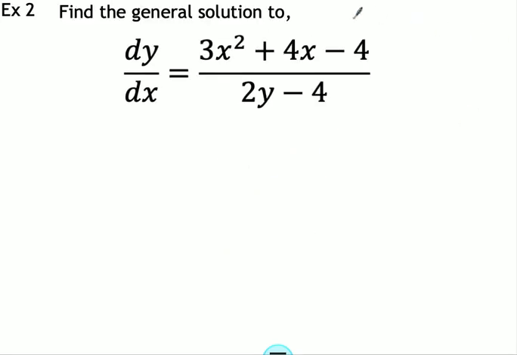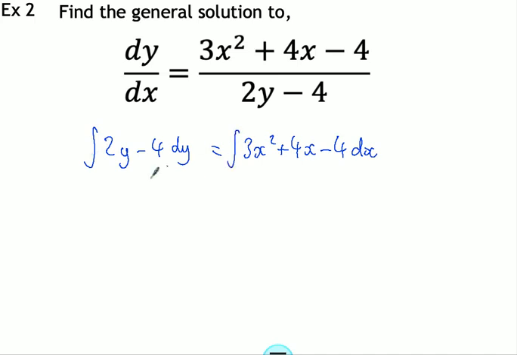Okay, so second example looks a little bit more complicated. It's really, really not. Let's separate the variables. Done. Integrate both sides. So when I integrate this side, I get y squared subtract 4y.